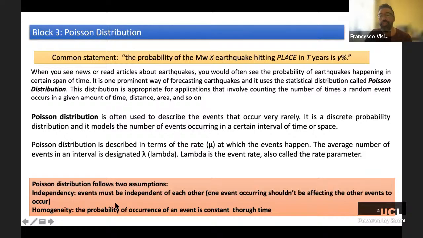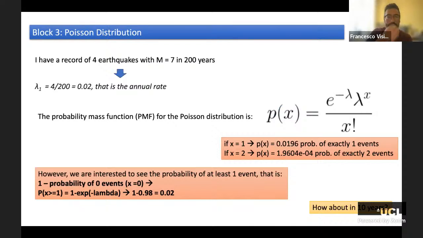Independence: events must be independent of each other, which is why the Poisson distribution is a memoryless distribution. And homogeneity: the rate, or lambda, is constant through time and does not vary with time. So if the rate is 0.2 earthquakes per year, it will always be 0.2 earthquakes per year.